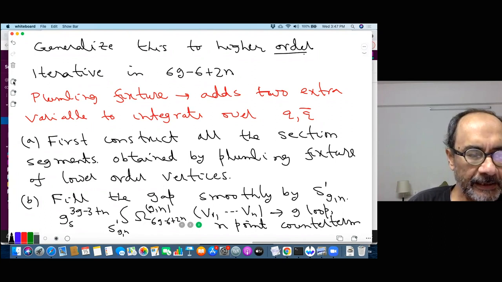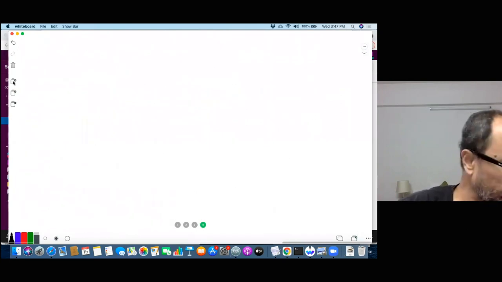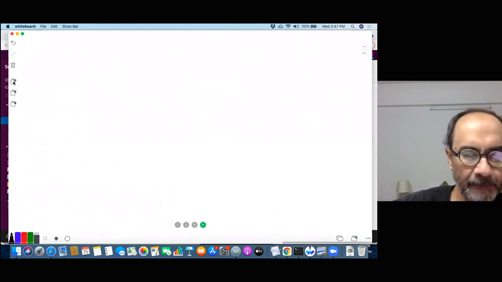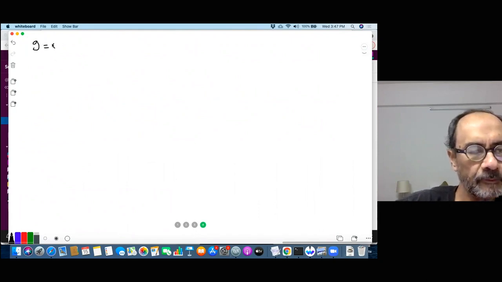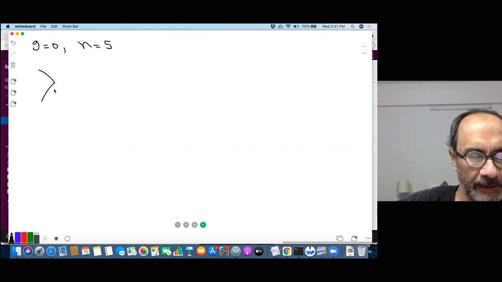So let me just show some examples. Maybe it will become clearer. For example, take g equal to 0, n equal to 5. To do g equal to 0, n equal to 5, we first construct the lower order Feynman diagrams. So here is 1, 2, 3, 4, 5.